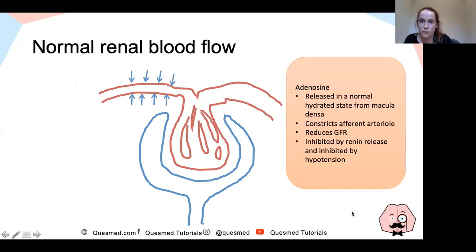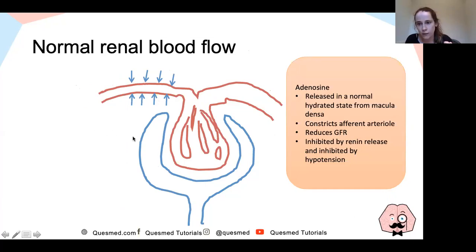In normal renal blood flow, which is most of the time, this is generally under the control of adenosine. So adenosine is released in normal hydrated states from the macula densa, and it constricts the afferent arteriole.